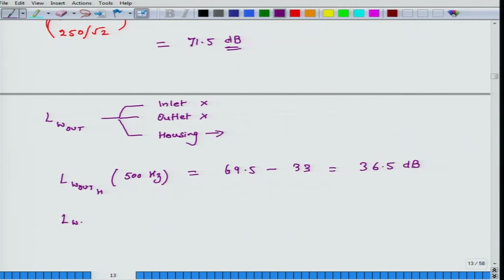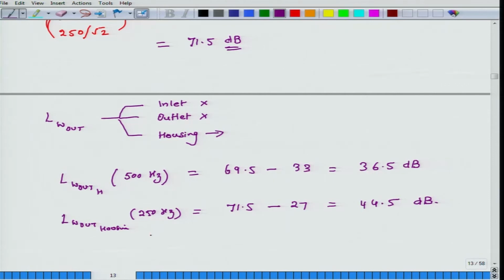And LW out for housing at 250 hertz is what? 71.5 minus 27, and that comes to 44.5 decibels.